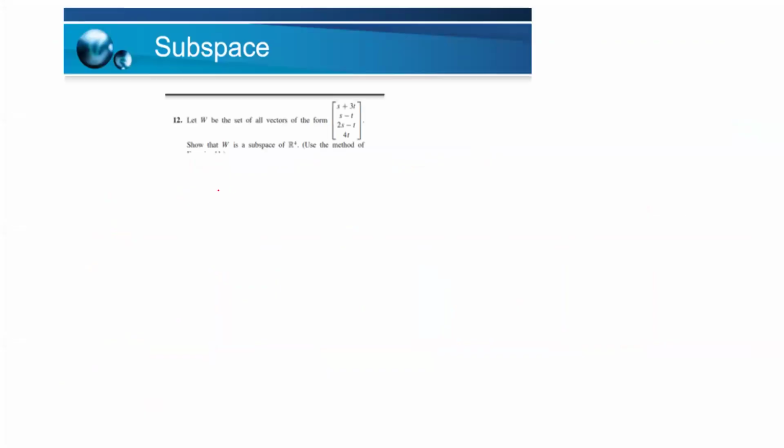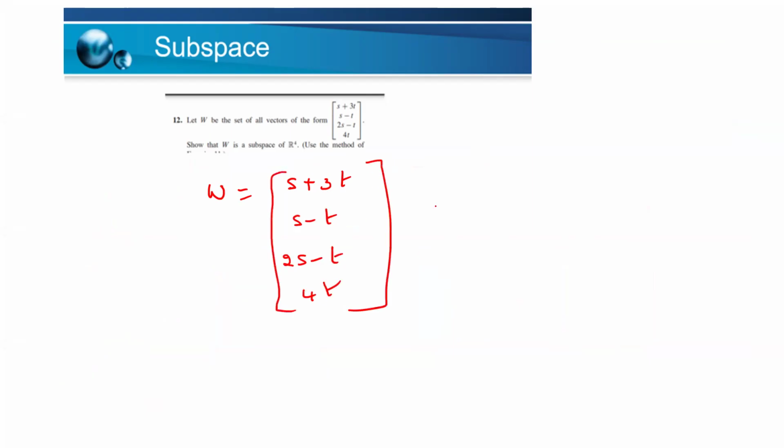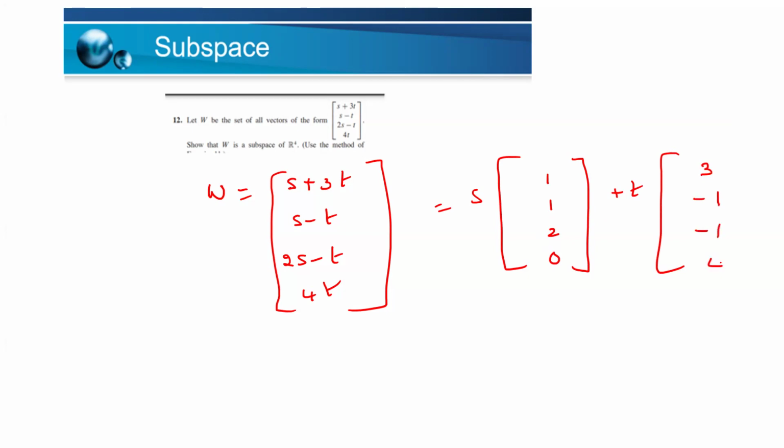Now, one more example. Let us take W as (S + 3T, S - T, 2S - T, 4T). So, take S here: (1, 1, 2, 0). Take T: (3, -1, -1, 4). So, again, W is a linear combination of V1, V2.